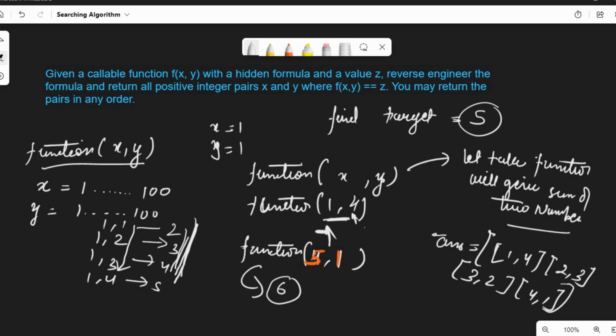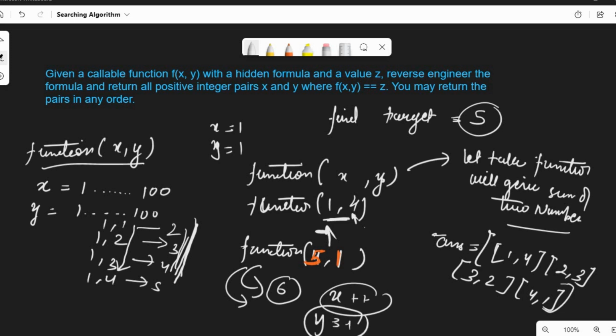So what we can say here is we can increase the x and make y equal to 1.